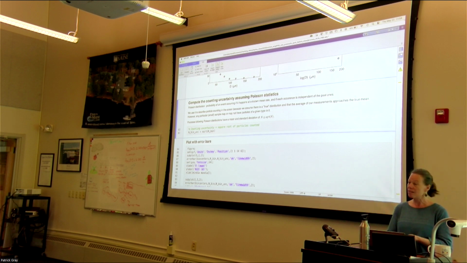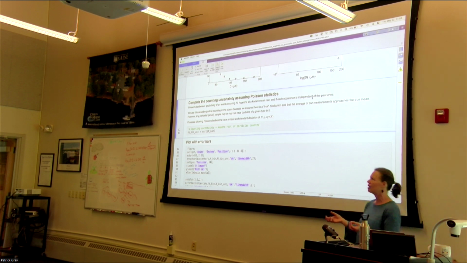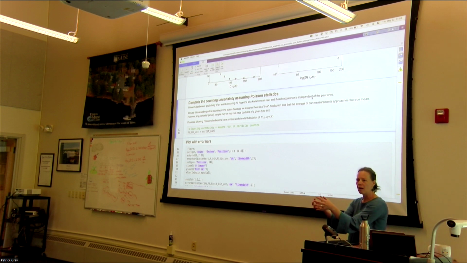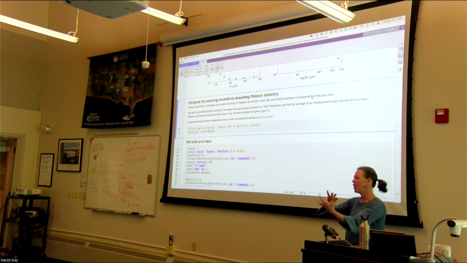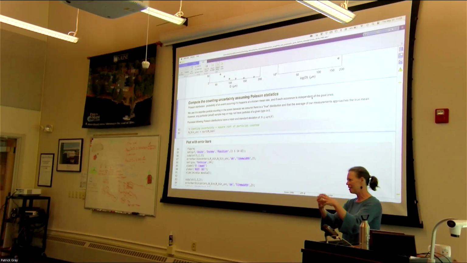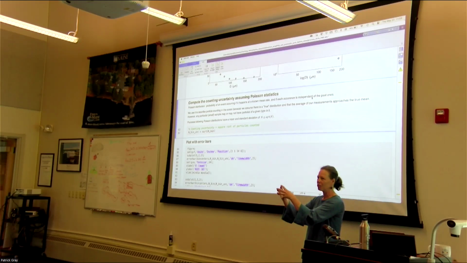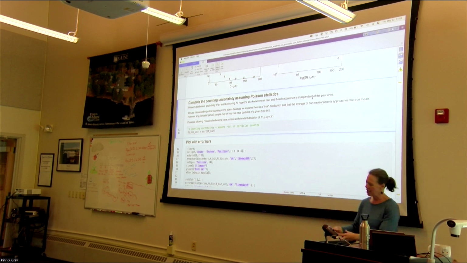If you're sampling a random bit of ocean water, it's probably okay to assume there's some mean concentration of every size in there, and whether or not we happen to capture some amount of that particle size in our blob of water is unrelated. If we get another sample, it's unrelated to the first one, and another sample is unrelated to the second one.